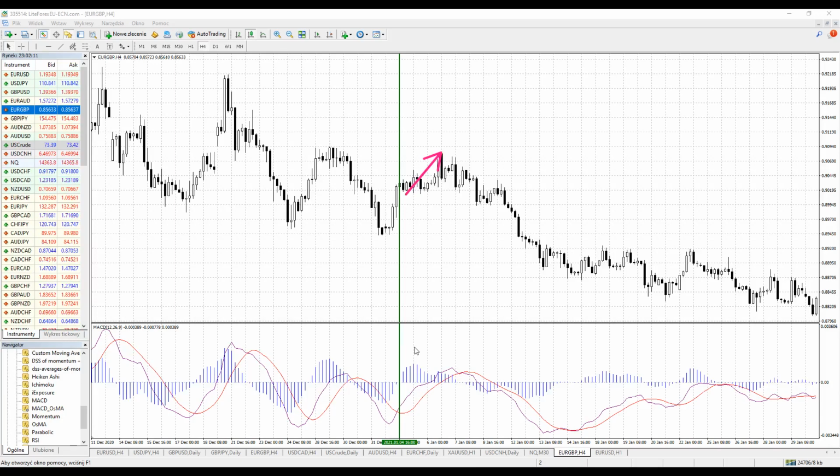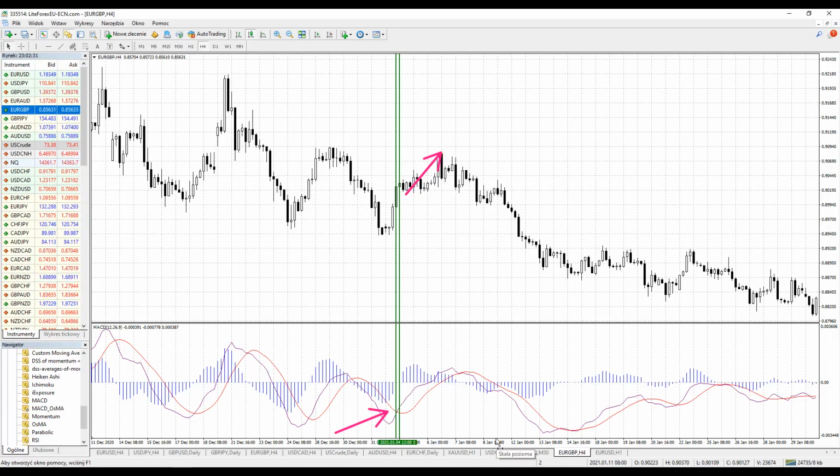Was it a great trade? I wouldn't say so. A little bit earlier we also had the cross of the line, here, one candle earlier.